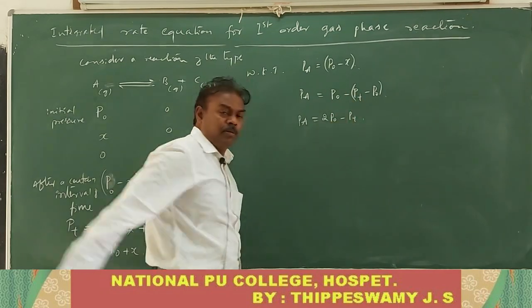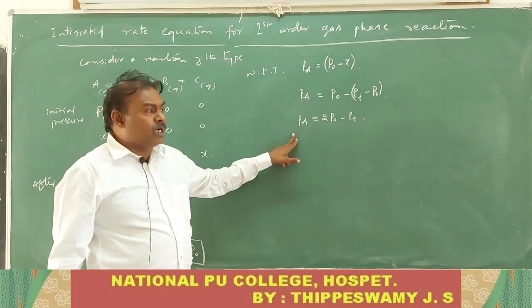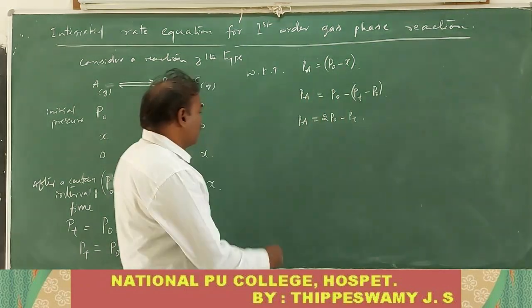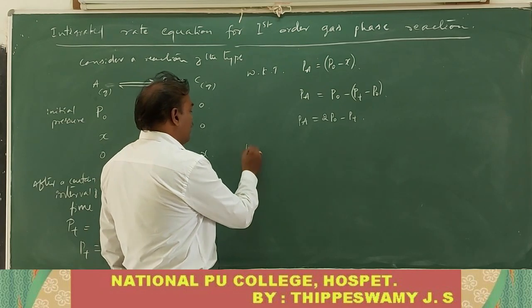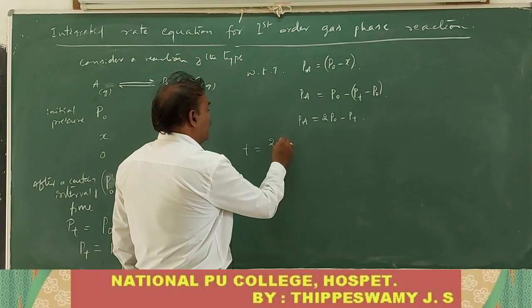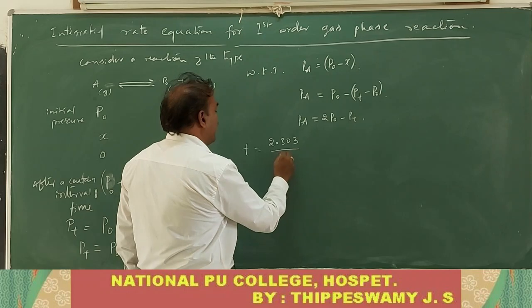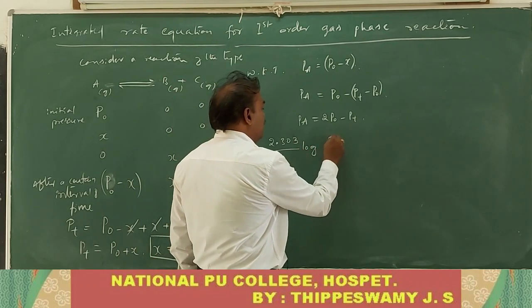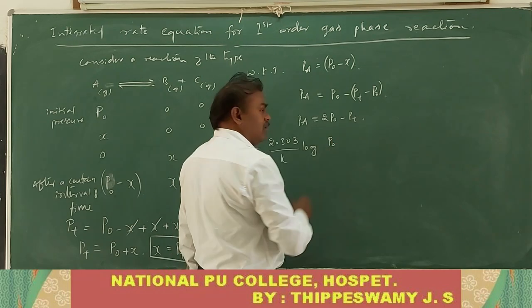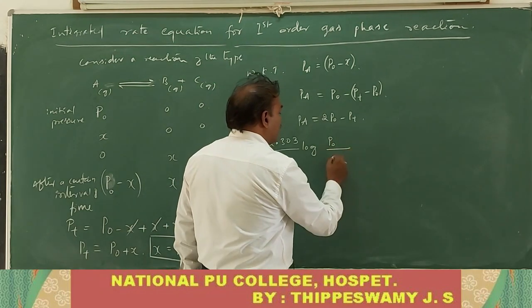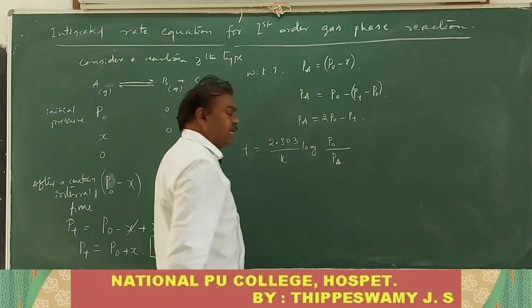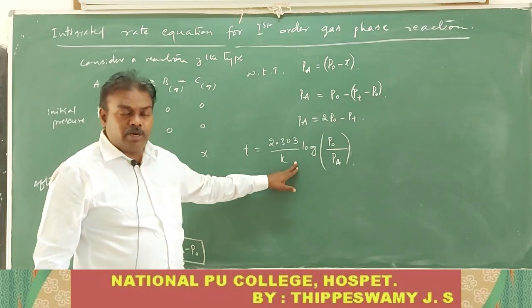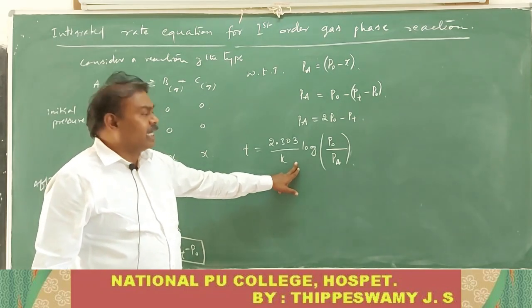Now according to the integrated rate equation for first order kinetics, time t is equal to 2.303 divided by k into log of the initial concentration, given by P naught, over the concentration of the reactant after a certain interval of time, given by Pa.